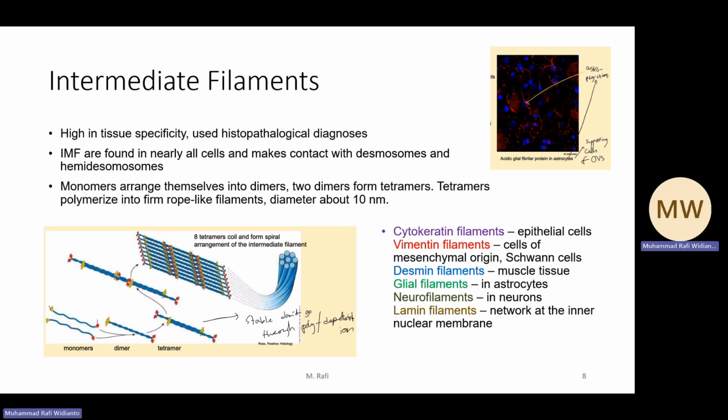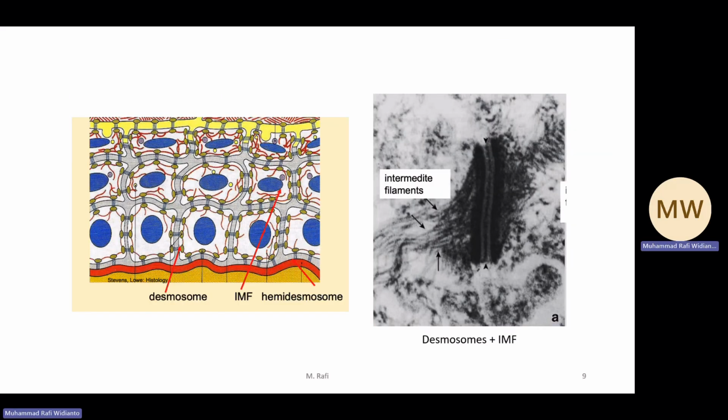You can find them in epithelia and also in the cardiac muscles. They come in different types: in cytoskeleton filaments, we have epithelial cells, vimentin, Schwann cells, glial filaments, astrocytes, very important, and lamin filaments network in the nuclear membrane.